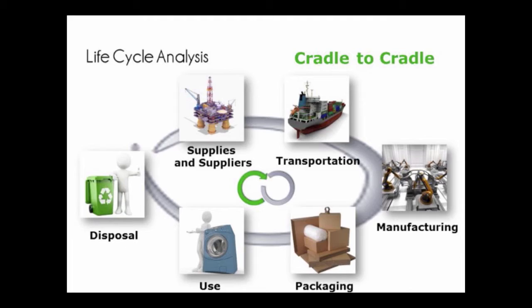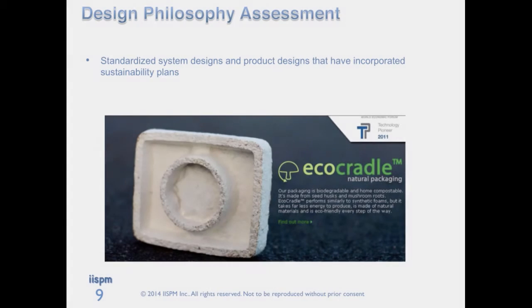When it comes to products, an example here on the screen is the EcoCradle natural packaging. These guys provide packaging made out of mycelium that is completely organic and can simply be taken apart and planted in your garden when you're done unwrapping your product.